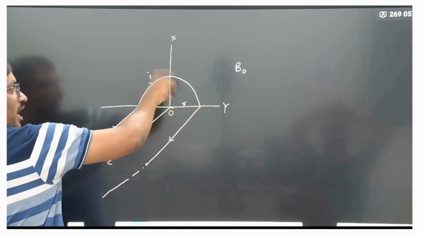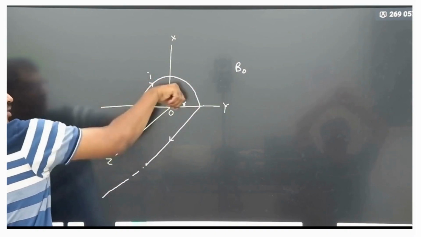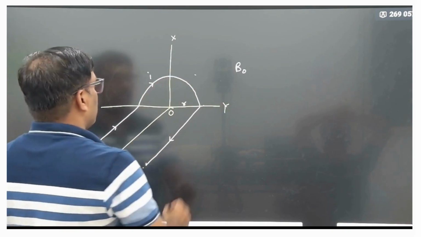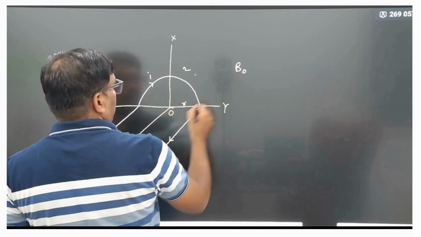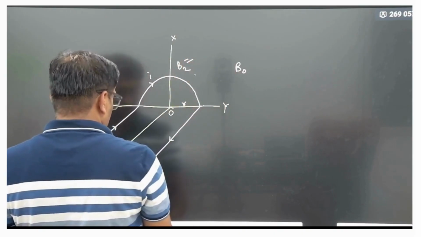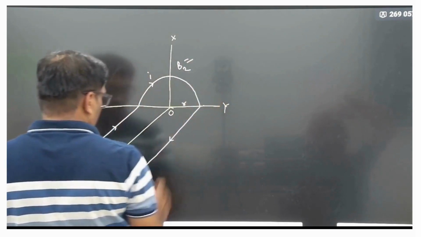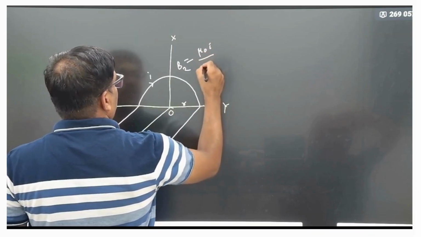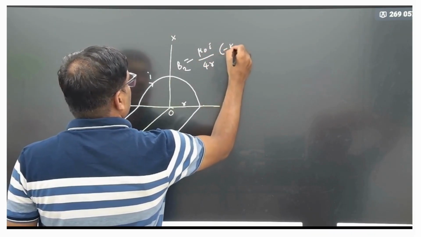This is lying in the XY plane. Therefore, if you take it now, it is outward, the Z axis means outward. Suppose this is your second one now, so B2, we want to calculate B2. How much will it be? It is a semicircular part, mu naught into I by 4R but minus K cap.